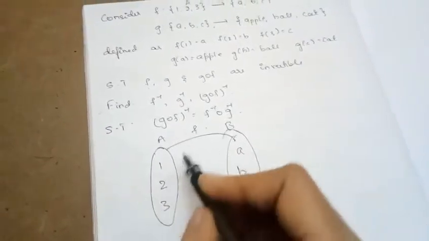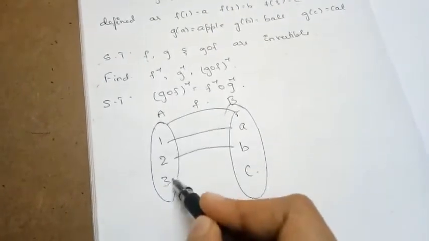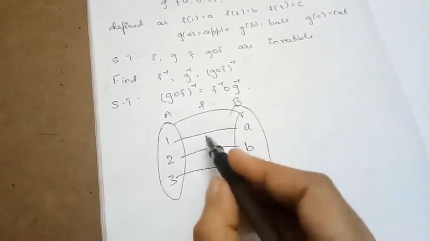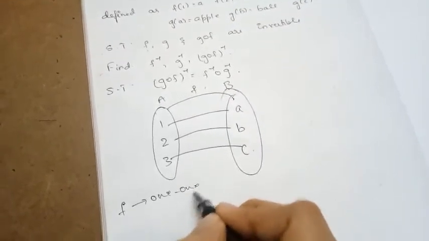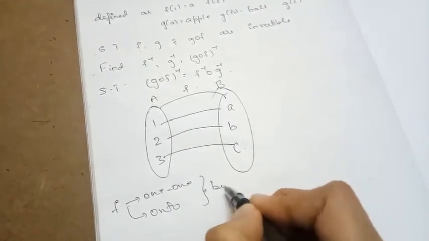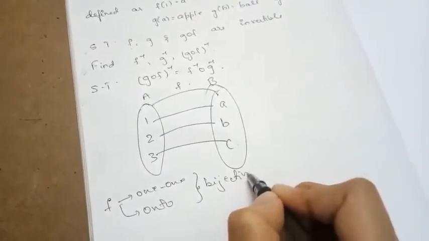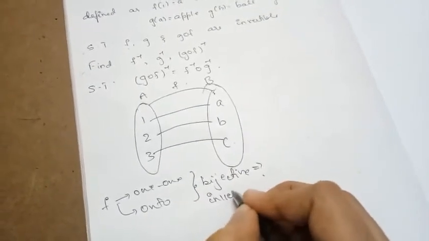And how the function is defined: f of 1 is a, f of 2 is b, and f of 3 is c. So clearly this function f is one-one and onto. Since f is one-one and onto, it is a bijective function. Since it is bijective, what does that imply? It is an invertible function.